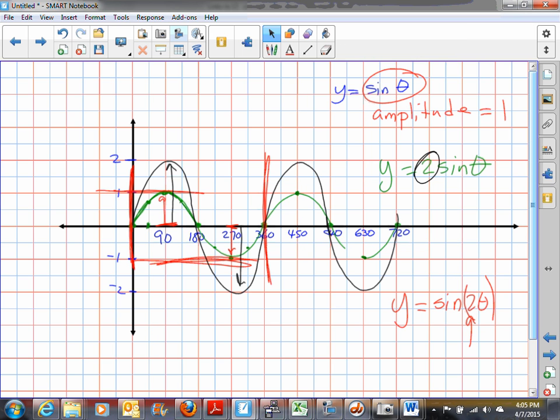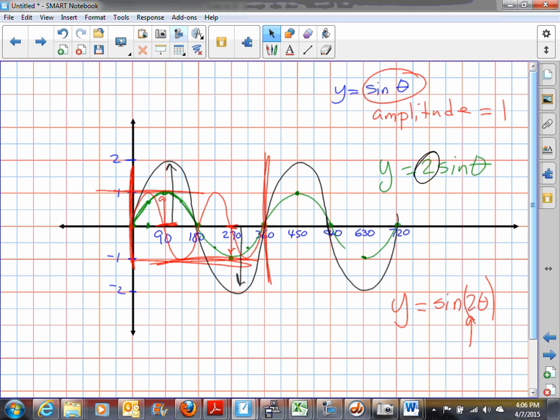And if you recall, that's a horizontal compression, so y is equal to sine 2 theta would actually shrink this graph so that it looked more like this. So one complete cycle of the graph would be from 0 to 180, and then it would do that over and over and over again.